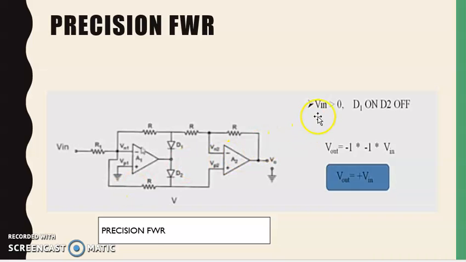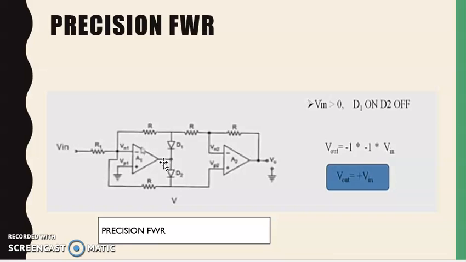In the positive half cycle, when V in is greater than 0, D1 is in on position and D2 is in off position. When the signal comes here, D1 will be forward biased and D2 will be reverse biased. D1 will conduct, and D2, due to the reverse bias condition, does not conduct.